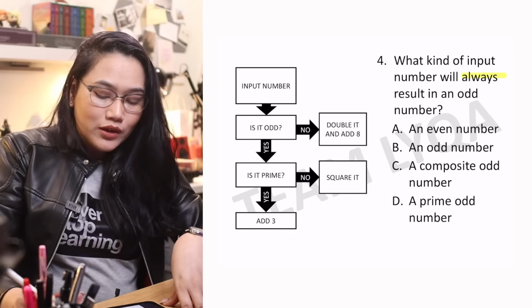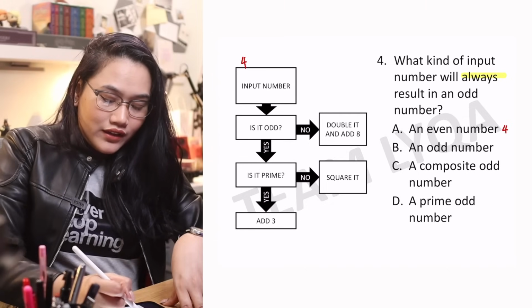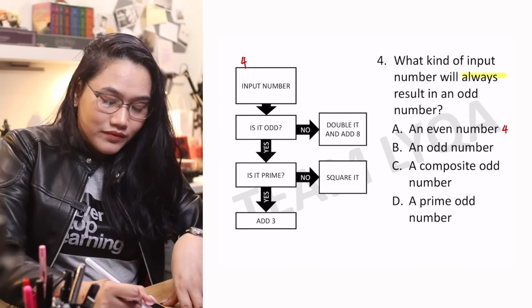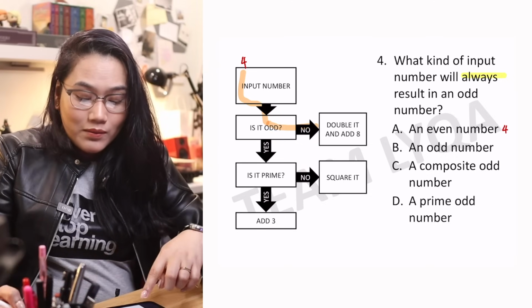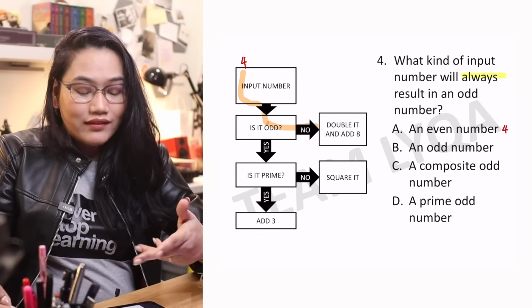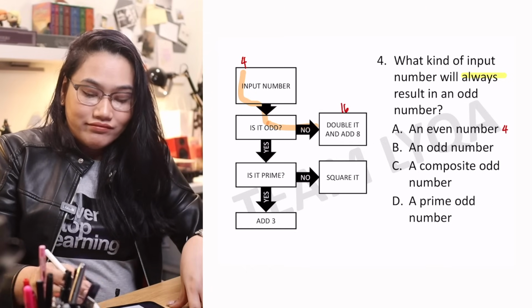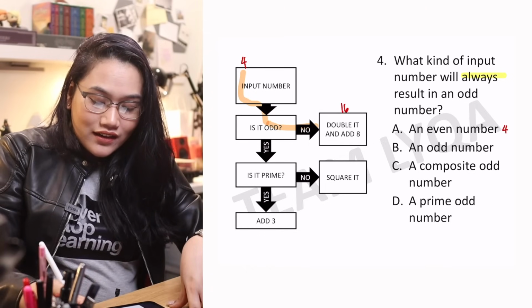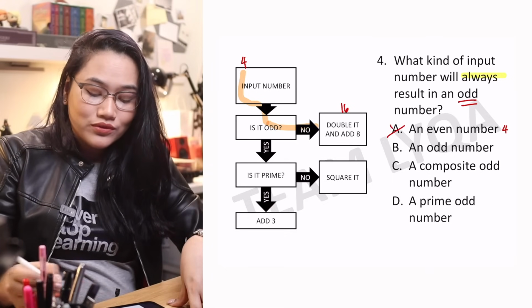For example, an even number could be something like 4. If I input 4 here, it would flow like this. Is it odd? No. And if I double it, that would be 8, and add 8, that would be 16. Even number na yan. Eh, ang hinahanap natin is an odd number result.